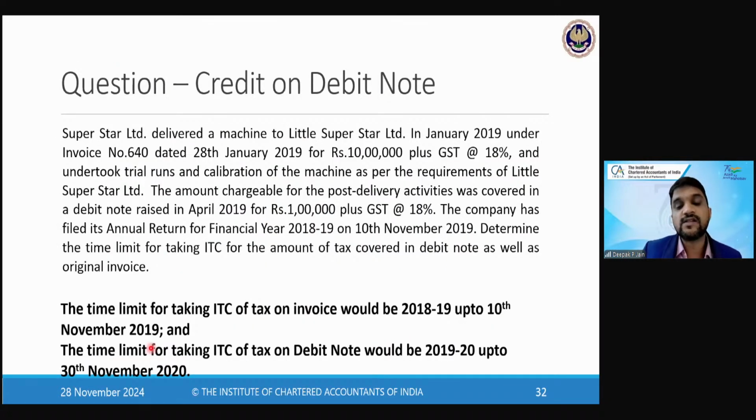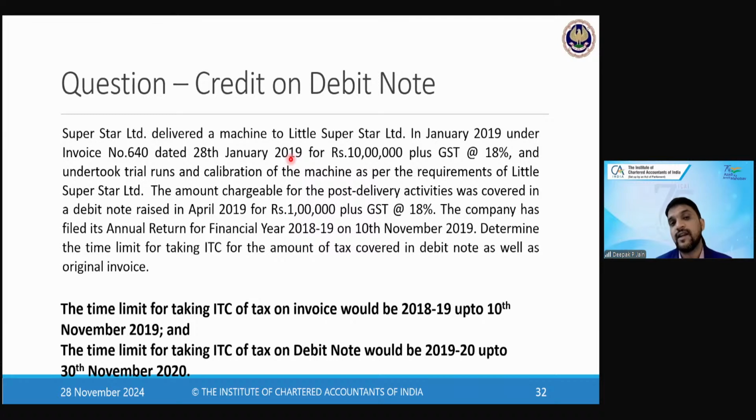When you consider the due date by which you have to take the credit for the debit note, you don't have to see the invoice on the basis of which you are filing the debit note. Like in this example, earlier what used to happen, 20th January 2019 was the date of the invoice. So the debit note was linked to this. So you can claim credit for the debit note also by 10th of November 2019, that was the provision earlier.